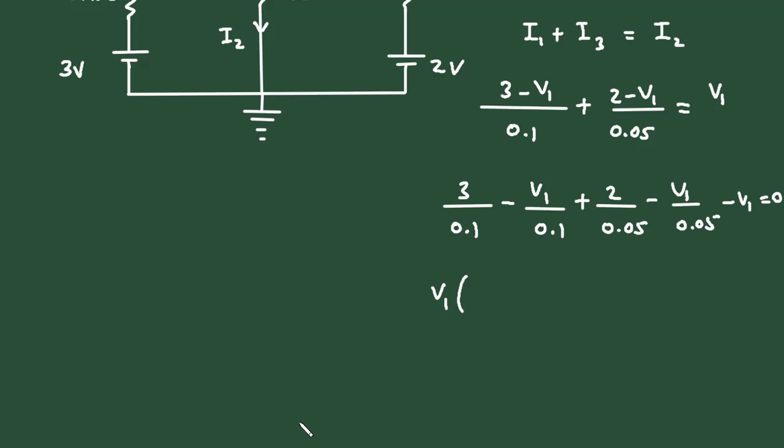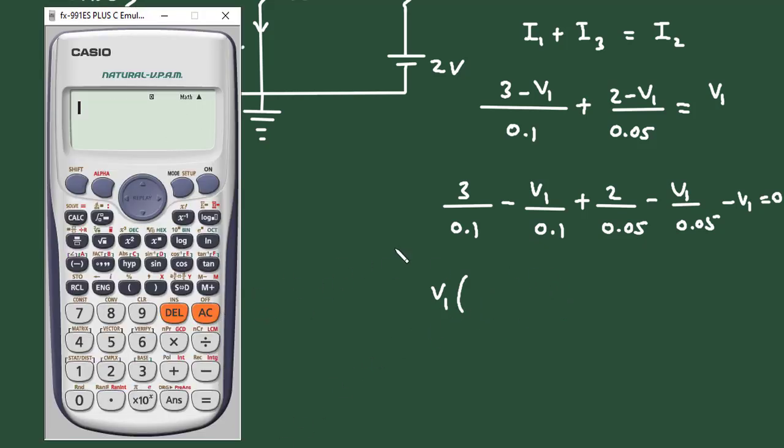V1 in bracket, this will be minus 1 upon 0.1, then minus 1 upon 0.05, then minus 1.